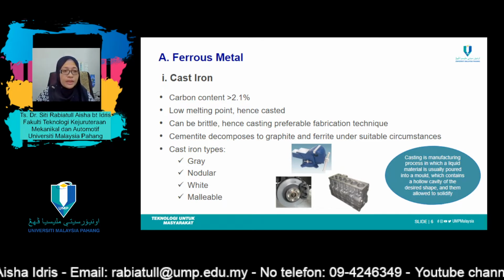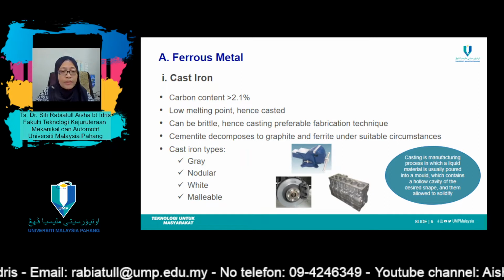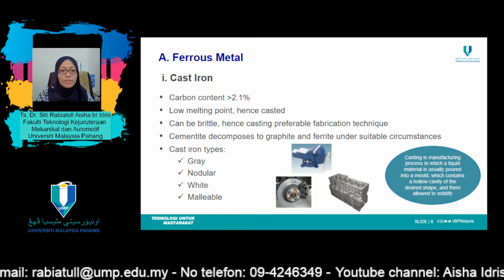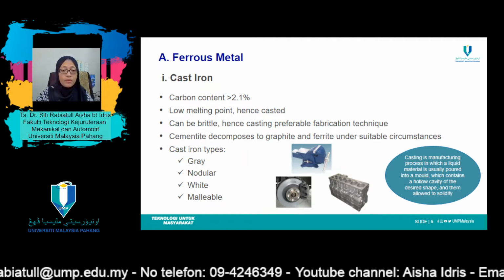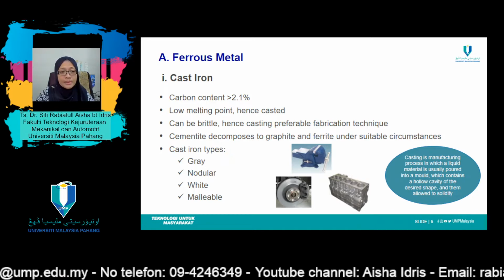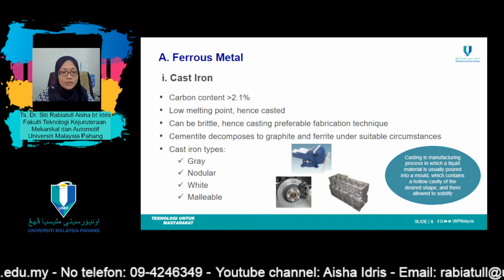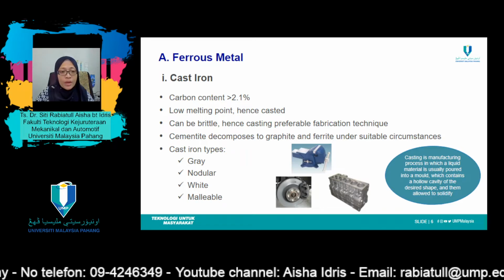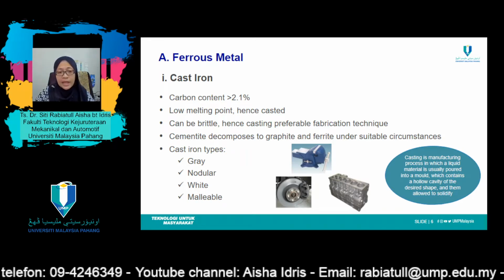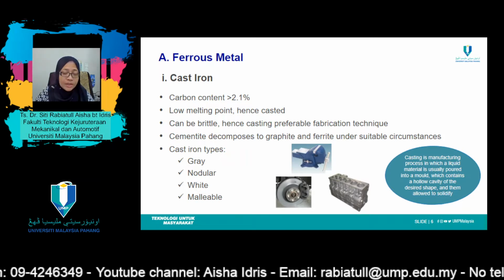In general, cast irons are a class of ferrous alloys with carbon contents above 2.14 weight% in practice. However, most cast irons contain between 3 to 4.5 weight% of carbon, in addition to other alloying elements, of course.